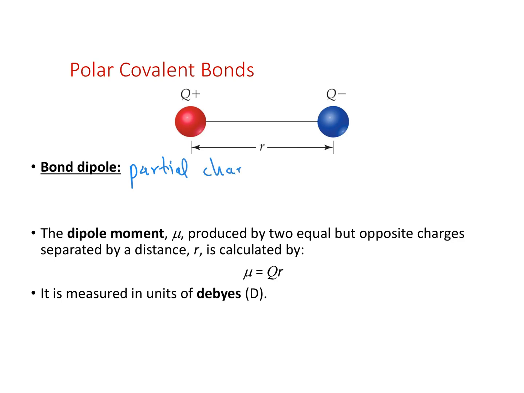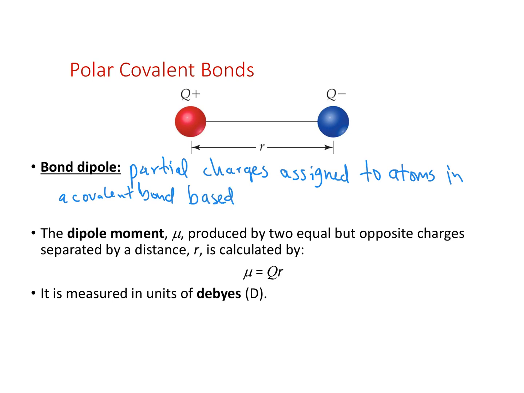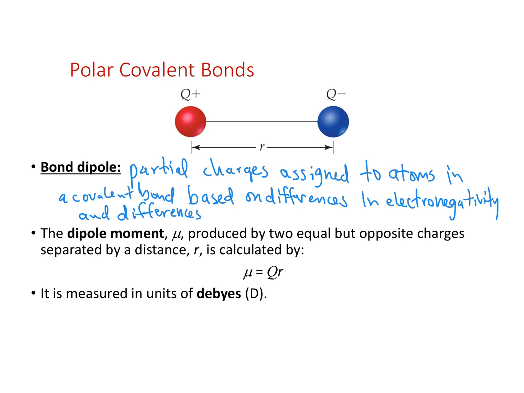Partial charges assigned to atoms in a covalent bond based on differences in electronegativity, and as a result, differences in their electron density.